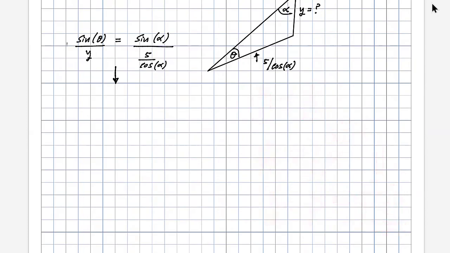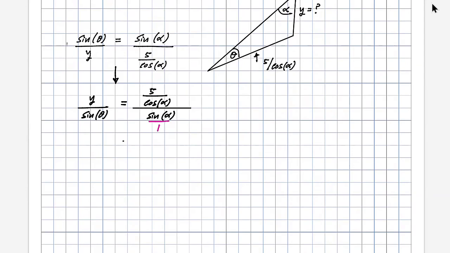Now, if you do that here, it would be y divided by sine theta is equal to 5 divided by cos alpha, the whole thing divided by sine alpha. Right? Now let's go to our fundamentals. Sine alpha means sine alpha divided by 1.